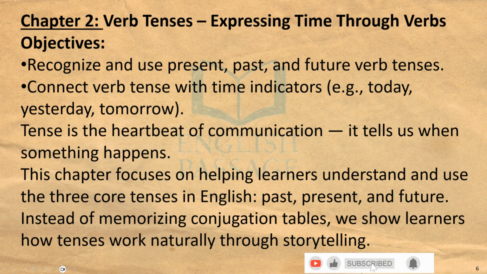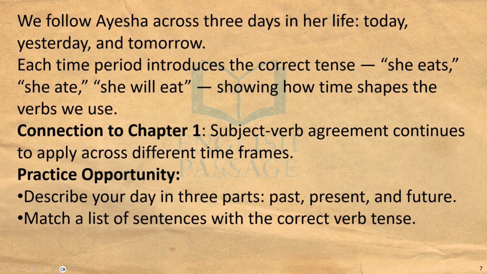This chapter focuses on helping learners understand and use the three core tenses in English: past, present, and future. Instead of memorizing conjugation tables, we show learners how tenses work naturally through storytelling. We follow Aisha across 3 days in her life: today, yesterday, and tomorrow.